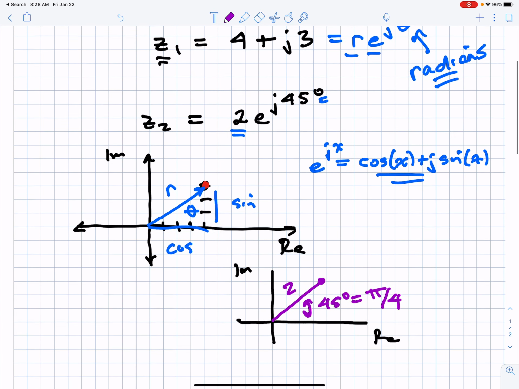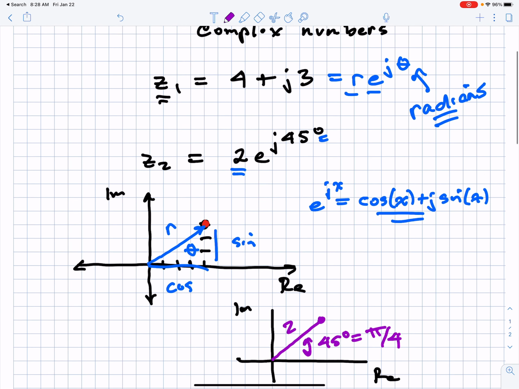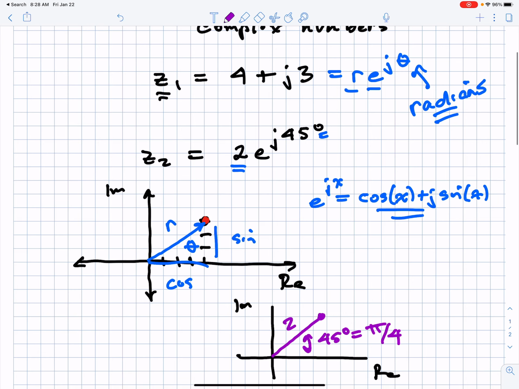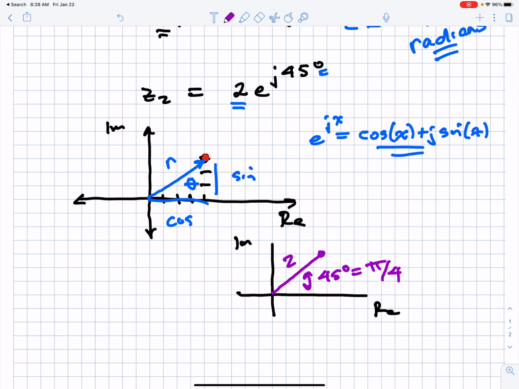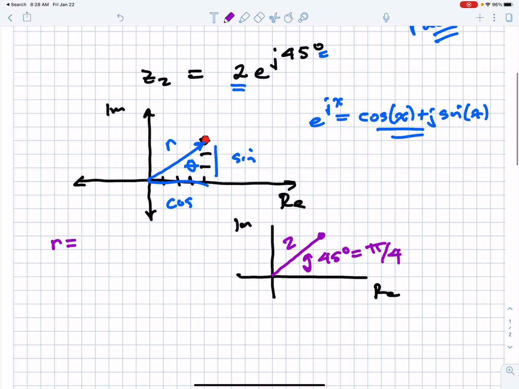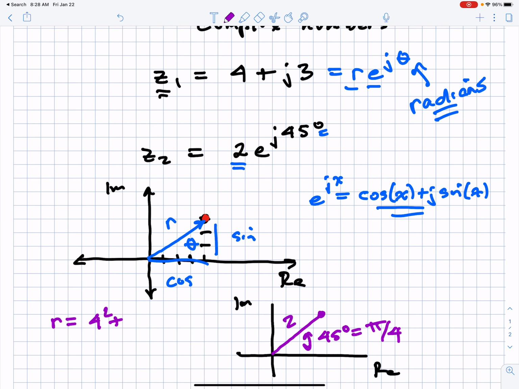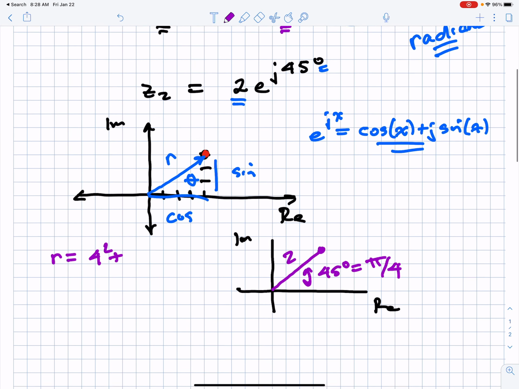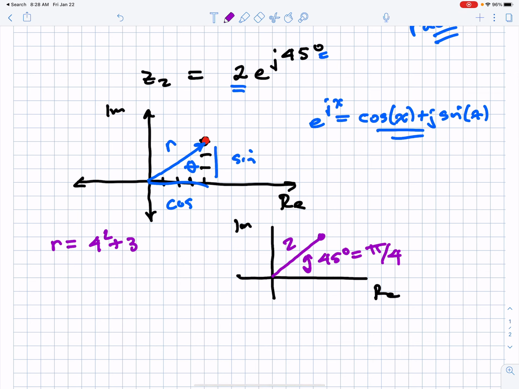Now, if I wanted to convert z1 into the polar form, I can just use trig to get that done. The radius r is going to be the square root of 4 squared plus the imaginary part squared. When you take the imaginary part, you don't include the j, you just take the number, the 3, and you square that, and then take the square root.